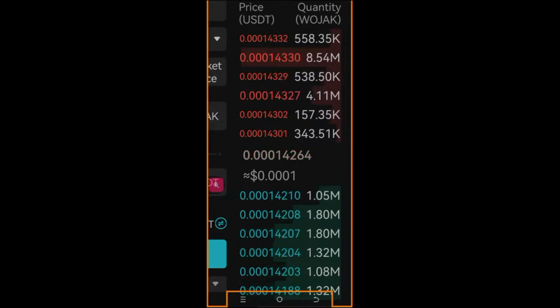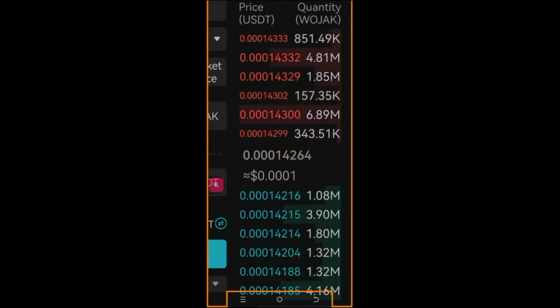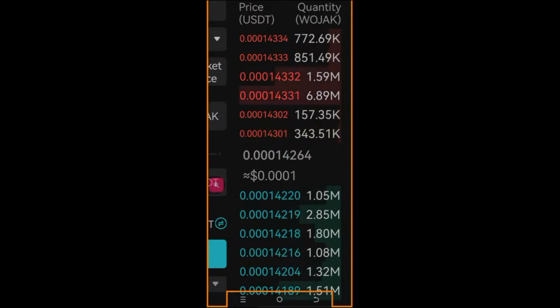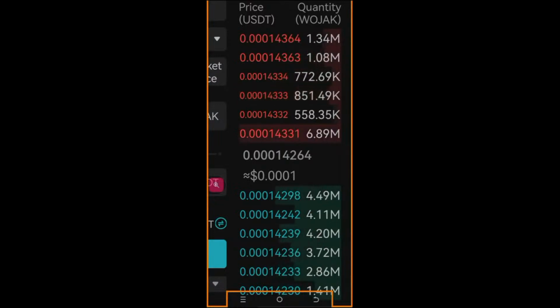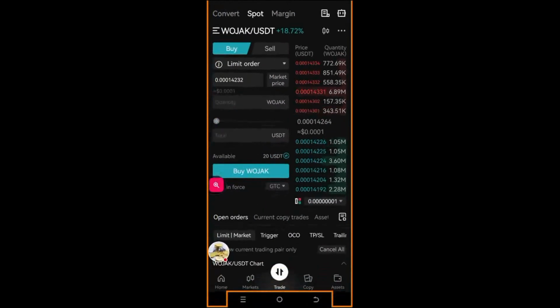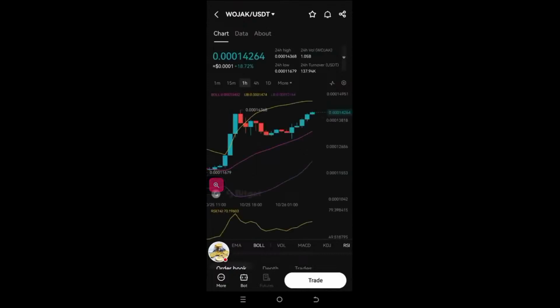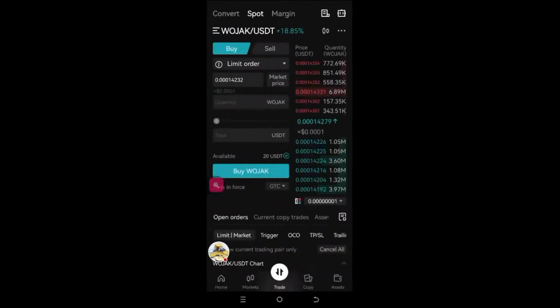That's the reason why. For us to buy this, we have to buy it at 14302. 14301. Wow, look at it. That's the only way we can get it in the pot. It's expensive right now, but that's the only way we can get it bought.